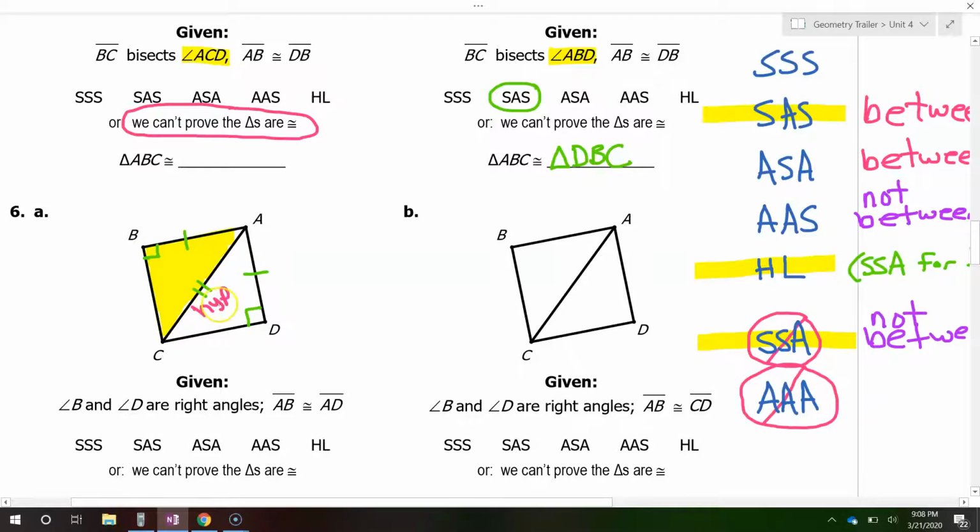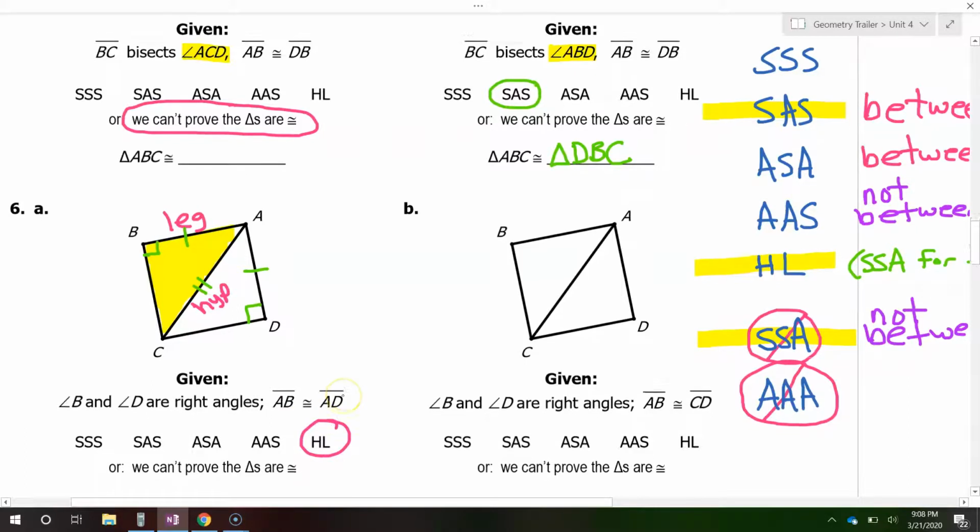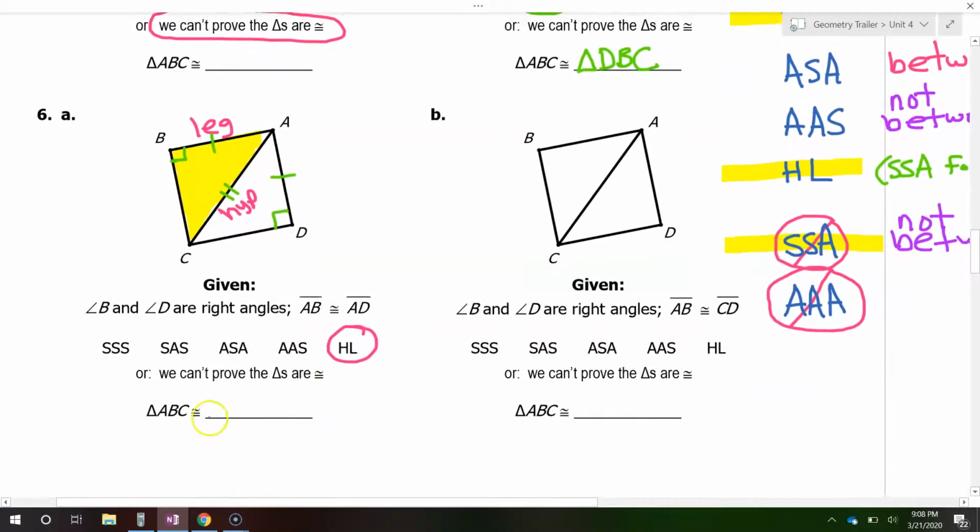It's across from the 90 degrees. So that is marked. Any other side other than the hypotenuse is a leg. So this is a leg and this is the hypotenuse. So hypotenuse leg proves it. The triangles are congruent.